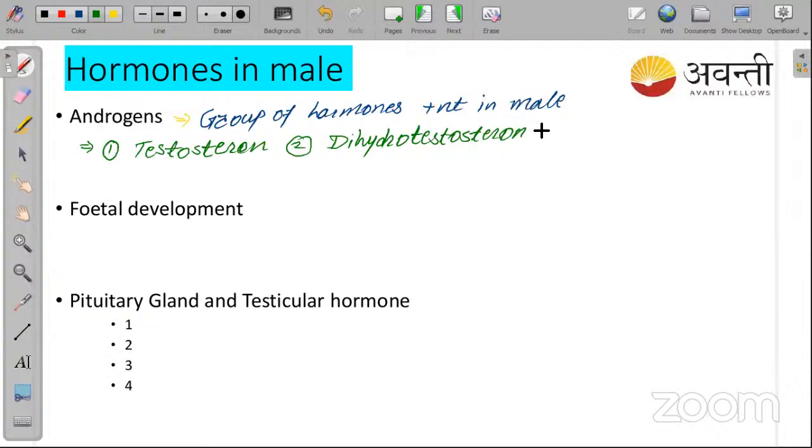The third hormone is androstenedione. So this is the androgen. These complete hormones are the androgens, but we know about only testosterone. The other hormones don't have much function in large amounts, because testosterone is the main hormone.